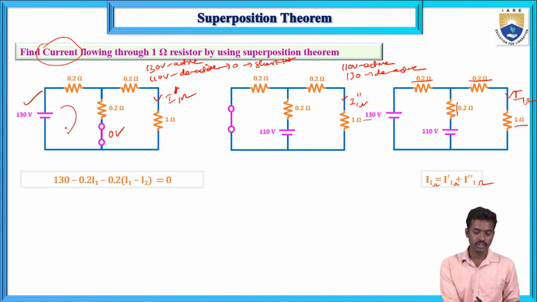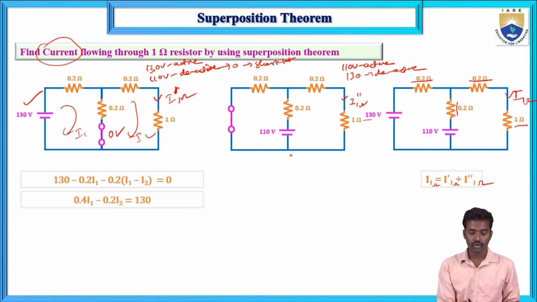130. This is I1 and this is I2. 130 minus 0.2 I1, 0.2 I1 minus I2 equals 0. Now 0.2 plus 0.2, that is 0.4 I1, and this is 0.2 I2, that is minus, I2 equals 130.